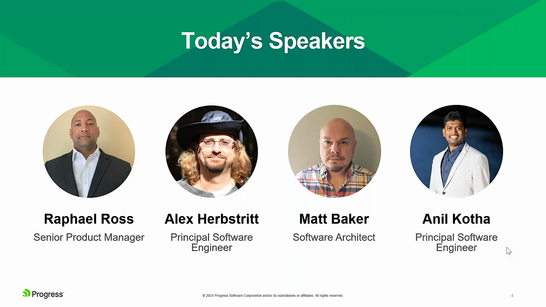Anil Kotha is a principal software engineer for OpenEdge ABL language, as well as a product owner for one of the language groups. He is responsible for the development of ABL language features and is currently working on projects like memory profile support in AVM, OpenTelemetry support within ABL client, and ABL collections, to name a few.